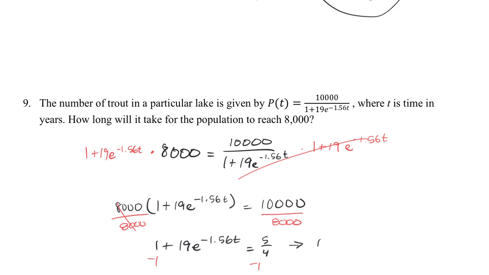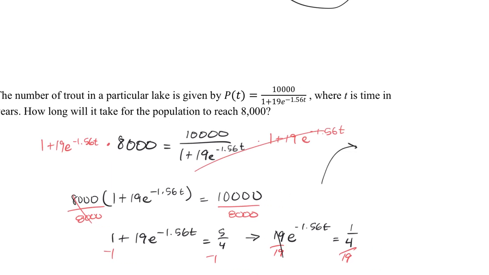So this is 19e negative 1.56t equals 1/4. Now divide by 19. So this is e to negative 1.56t is equal to, this is 1/76.